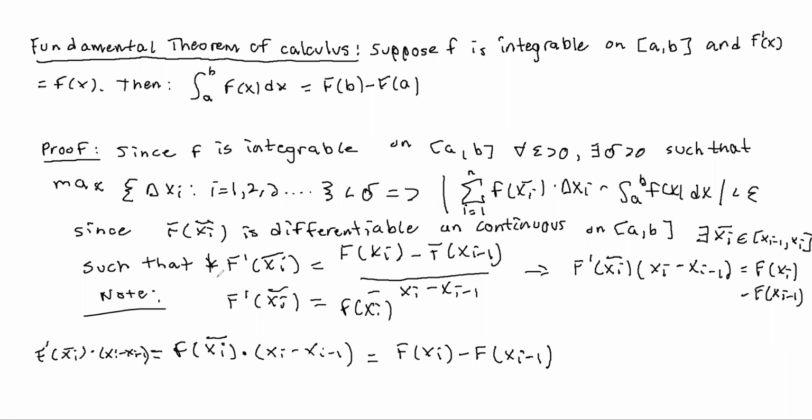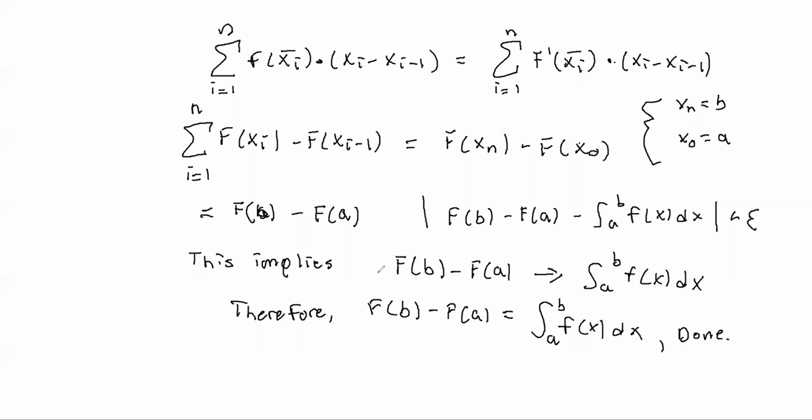From there, we were able to obtain an expression that allowed us to substitute into our sum a new expression, and that came out to be capital F of b minus capital F of a. So therefore, the antiderivative value of b minus the antiderivative value of a is equal to our integral from a to b of f of x dx.